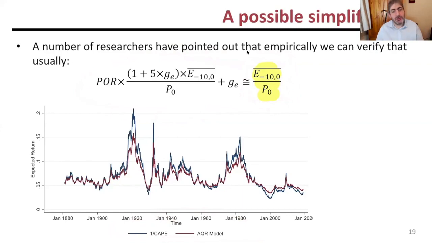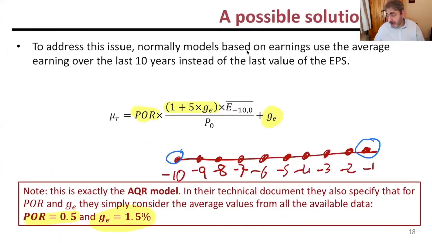So just for you to know, the AQR methodology is maybe a little bit overcomplicated. And by the way, keep also in mind that if you read the AQR document carefully, they cheat even more because they say, hey, look, this 1.5 that we have estimated using US data, we are going to apply it to every market, excluding emerging markets where they use 2%.